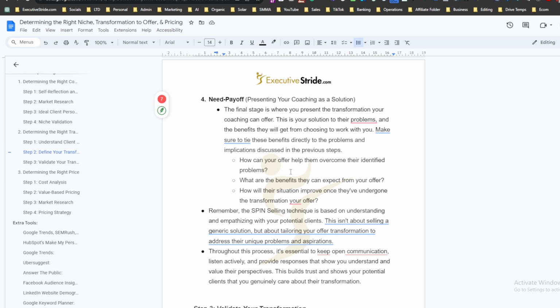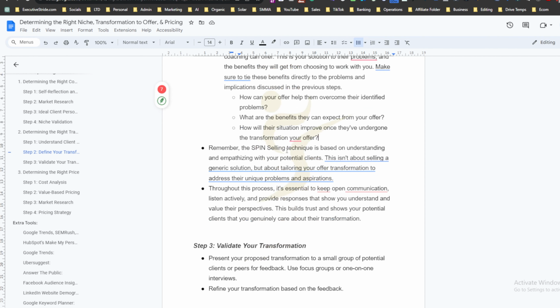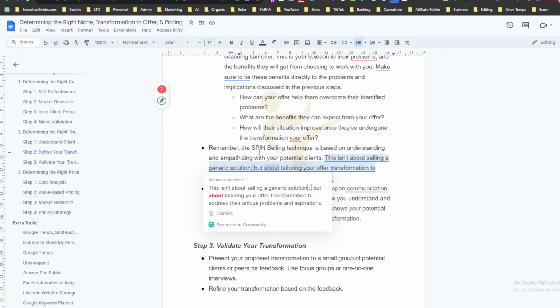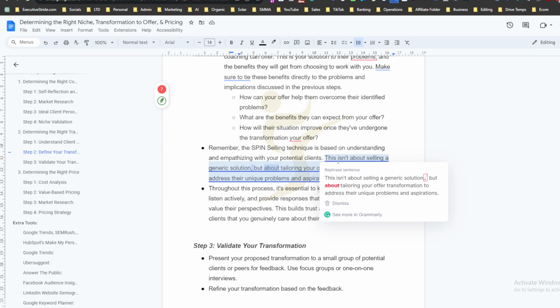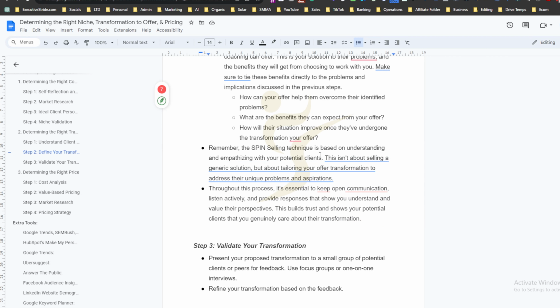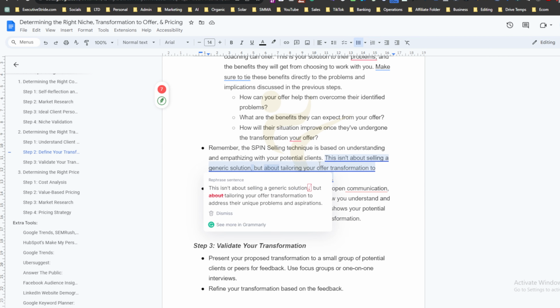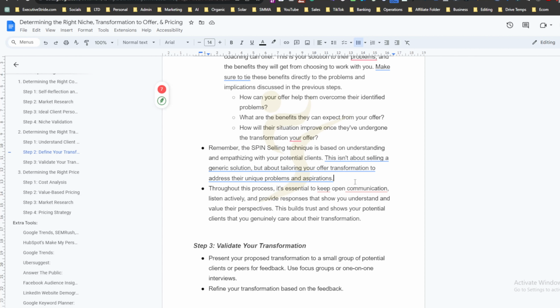How can your offer help them overcome their identified problems? What are the benefits they can expect from your offer, and how will their situation improve once they've undergone the transformation? Remember, the SPIN selling technique is based on empathizing with your potential clients. This isn't about selling a generic solution, but about tailoring your offer transformation to address their unique problems and aspirations.